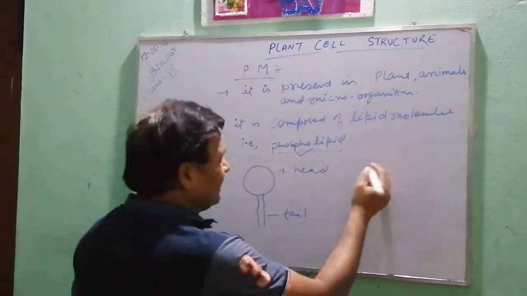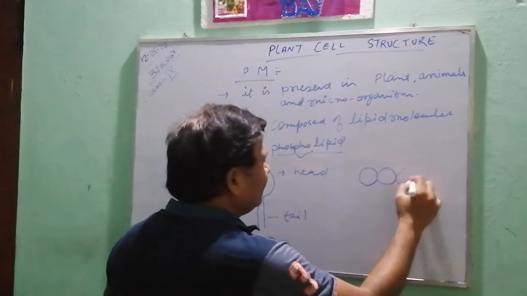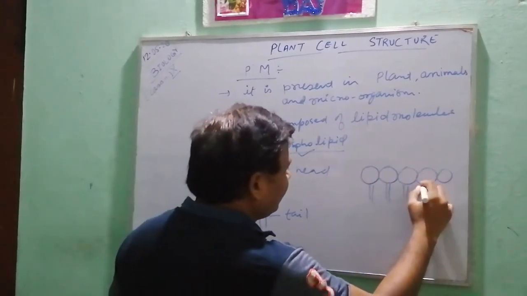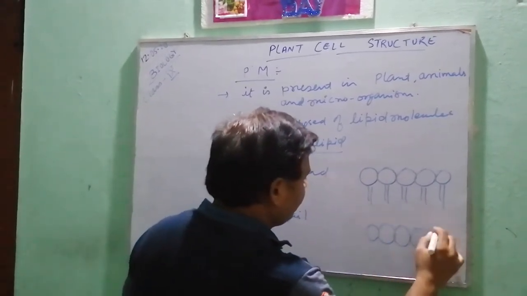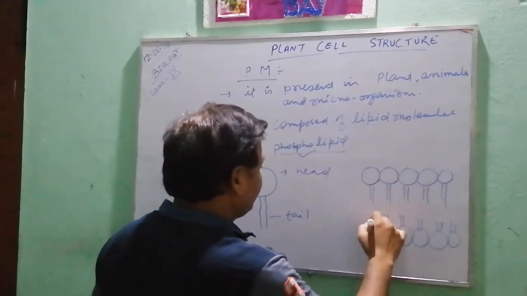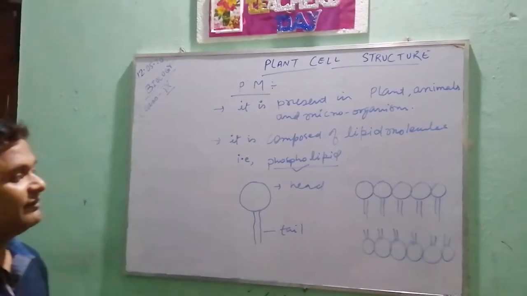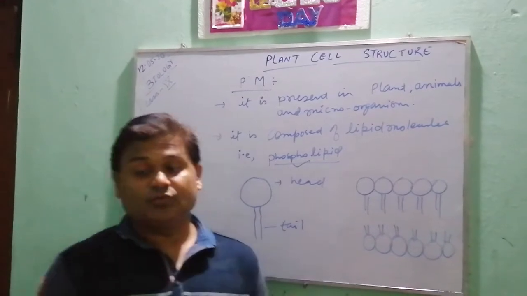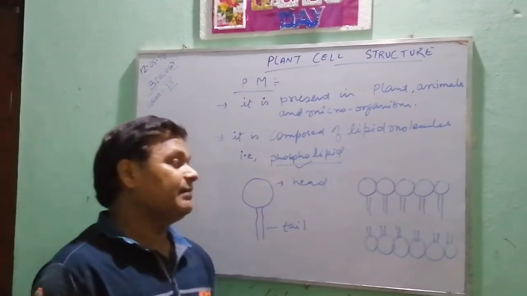The basic diagram of the plasma membrane is this one. This plasma membrane model was given by Singer and Nicolson in 1972. This model is called the fluid mosaic model of the plasma membrane.